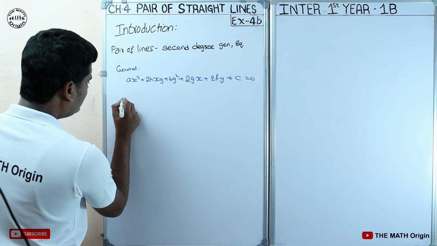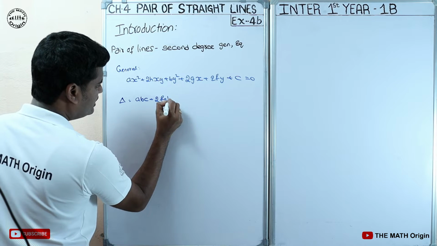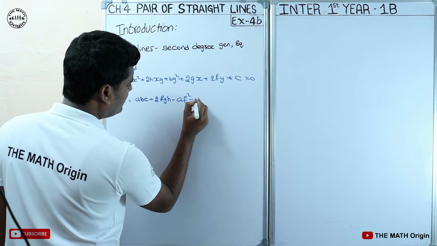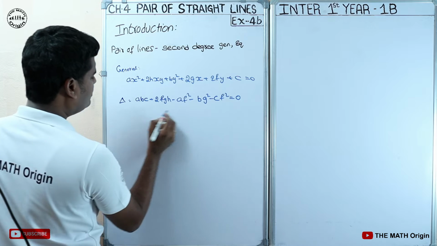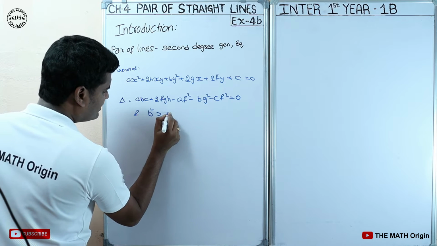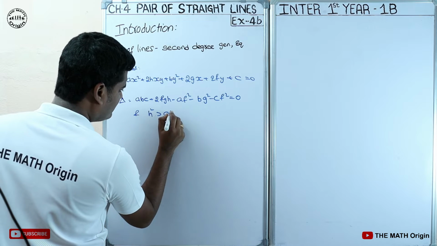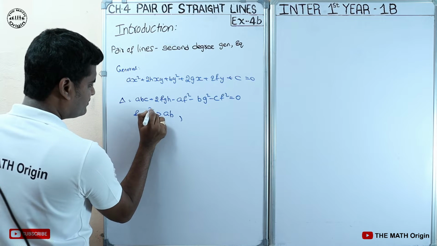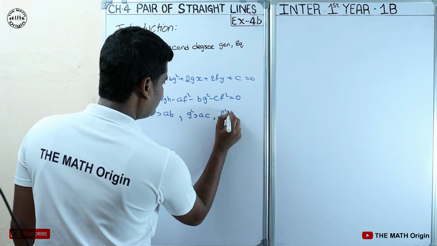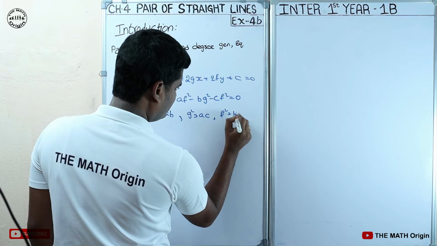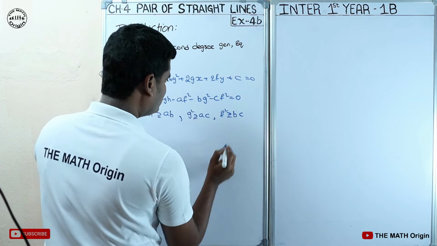With this we have delta equals abc plus 2fgh minus af square minus bg square minus cf square equals 0, and h square is greater than or equal to ab, g square is greater than or equal to ac, and f square is greater than or equal to bc.